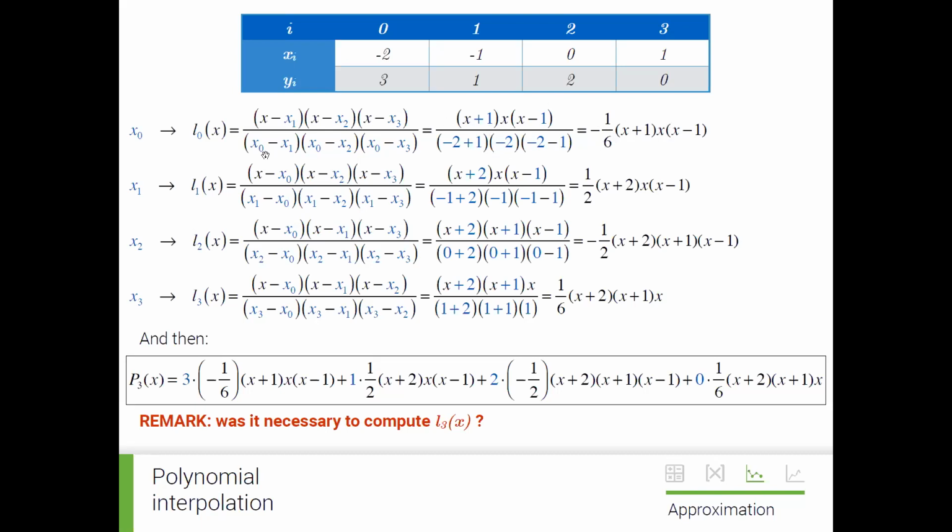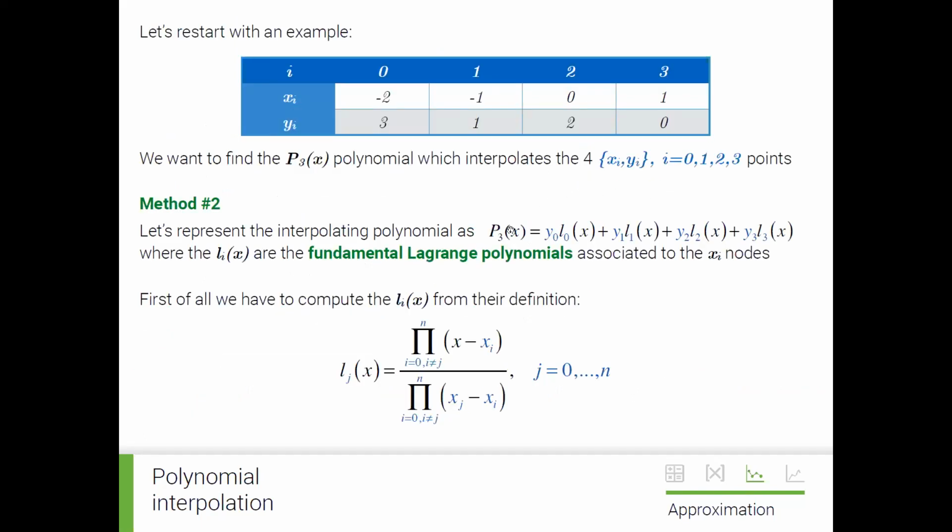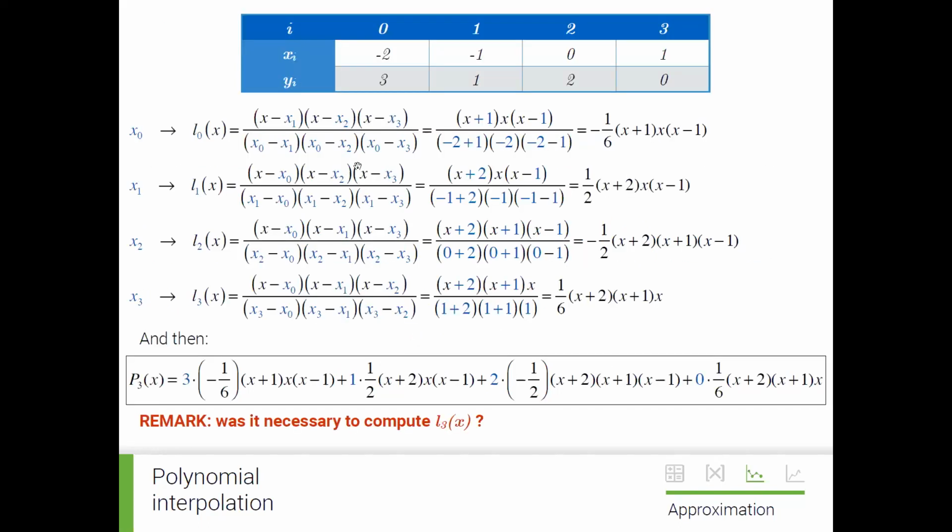We need to find just the coefficient again. So the first coefficient will be minus 1 over 6. So the coefficient of this polynomial, you can see here, it is y0. You have y0, this is just 3, and L0 of x. So L0 of x in this case is equal to this one. So we need to multiply it by 3.